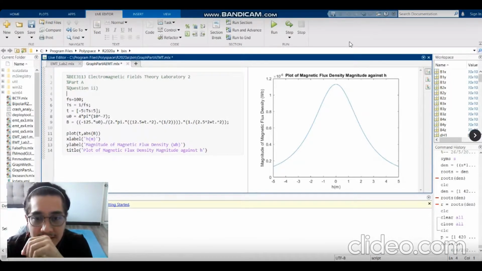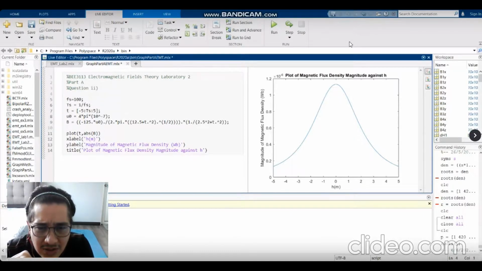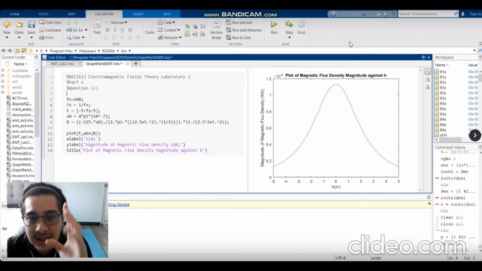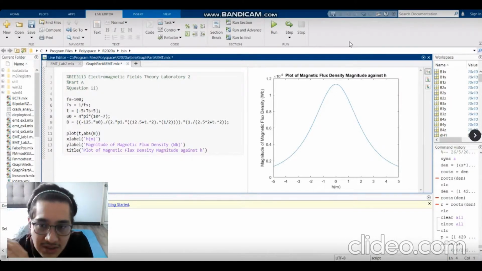We can see on this graph, for H equal to -5, the magnetic flux density is only about 0.1 something. But if H is closer to the current line, or 0, or basically we can take -1 or 1, the magnetic flux density starts to increase.